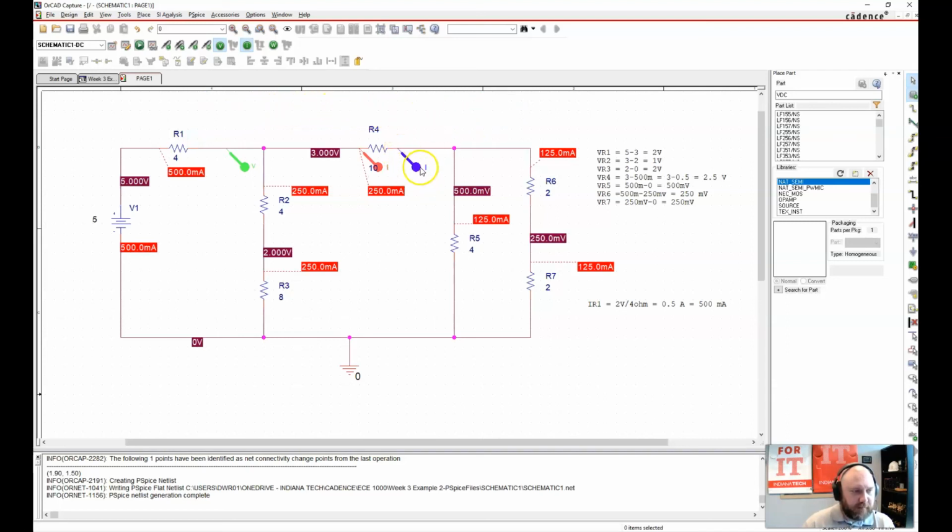Now, putting this blue pin here, it's saying, okay, well, what's the current going from right to left? And you really have to think of vectors. If the current going from left to right is positive, then the current going from right to left is negative. It's just a different way of writing the same answer. But that's where you have to be careful sometimes with your positive and negative numbers here.